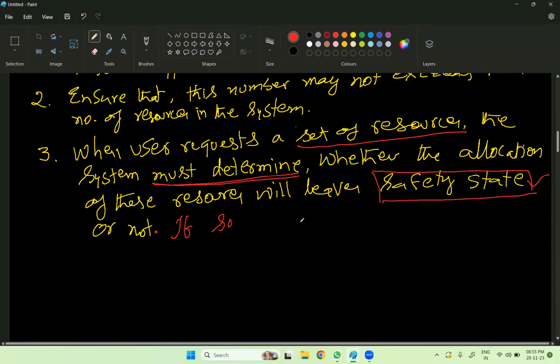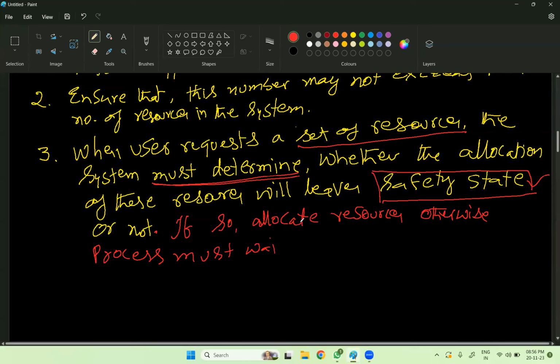If so, allocate the resources. Otherwise, the process must wait till enough resources are available.